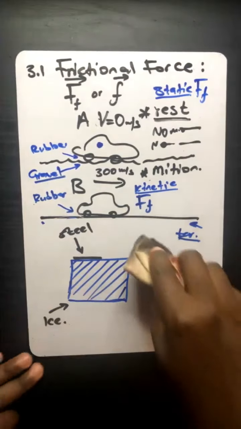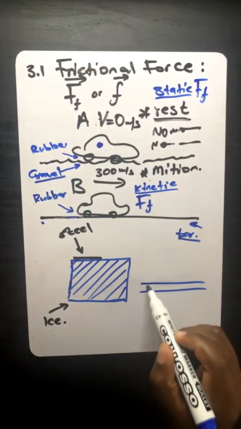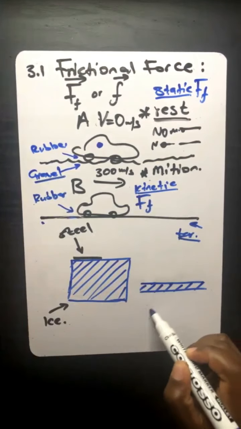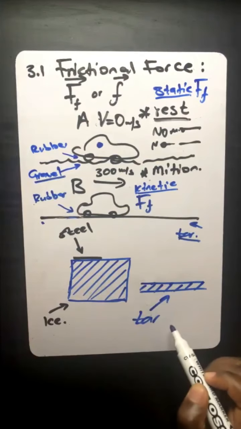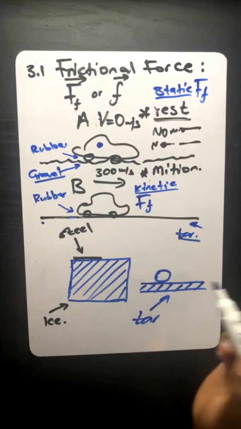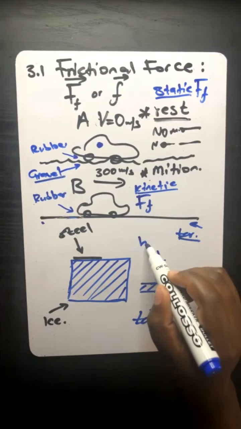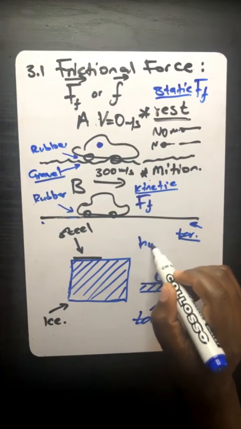So let me just do it such that it looks a little bit more convincing. So in this case, we've got a tar and we are trying to slide a rubber, which could be, let's say, a wheel, or let's just say rubber.